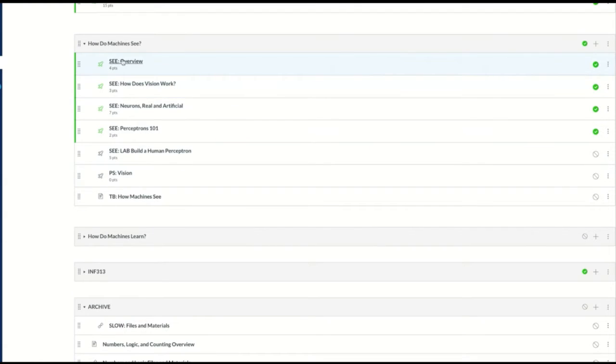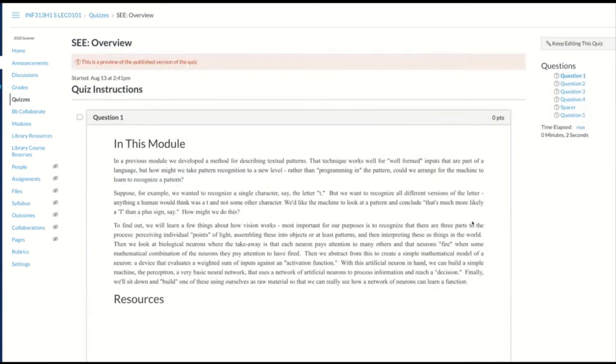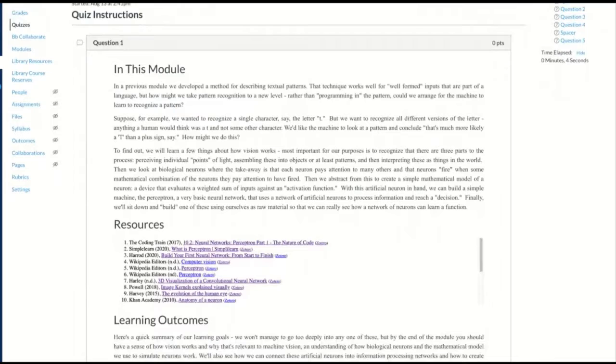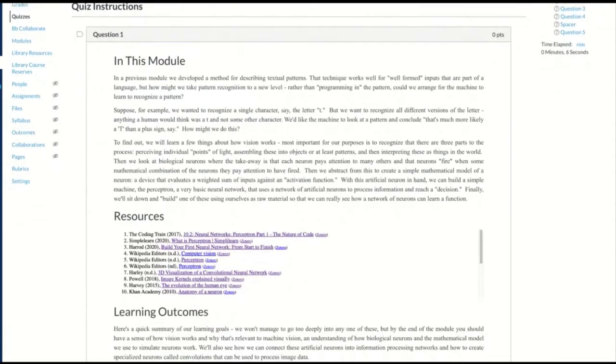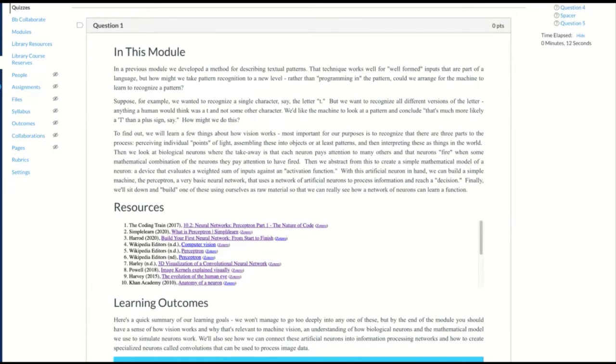Okay, so I'm going to jump to the overview first, and I'm going to run through these as if I were you looking at them, but I won't try to write the answers out. So when we start with computer vision, or how do machines see, we want to pose the problem in the following way.